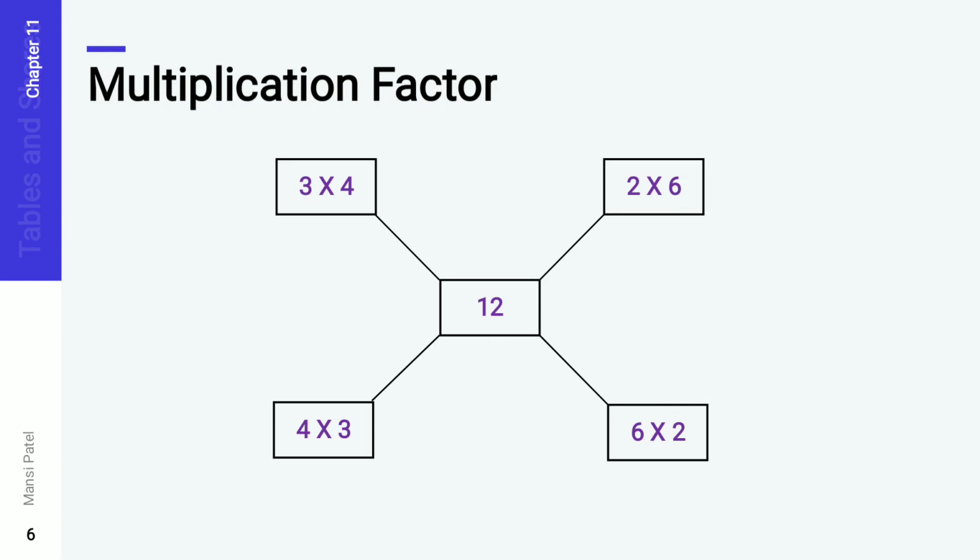These are the different tables in which this number 12 is coming. If you want to say that 1 12 is 12, then you can say. If someone says that 12 ones are 12, then it is also correct. So there are many numbers which are coming in more than 3 to 4 tables. So these all are the multiplication factors.